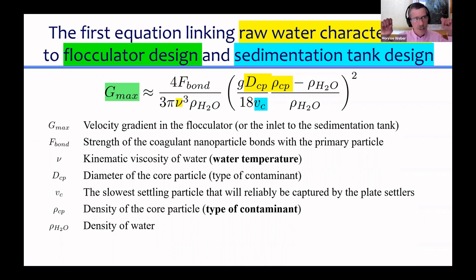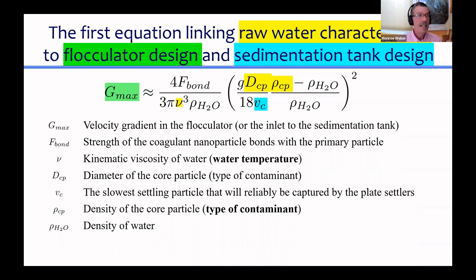It's because we're combining two different effects where nu is important in both of them. Nu is important in ripping flocs apart that are in shear, and nu is important in determining how fast flocs settle in the sedimentation tank. So nu enters the equation twice, and because of the fractal dimension, it ends up being cubed when it's done.